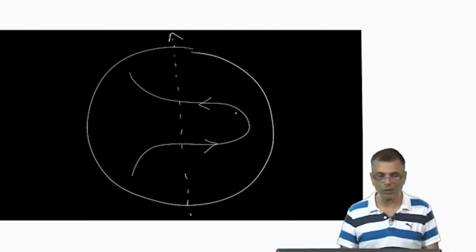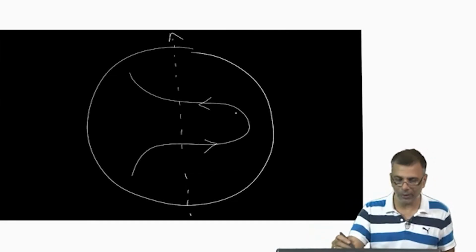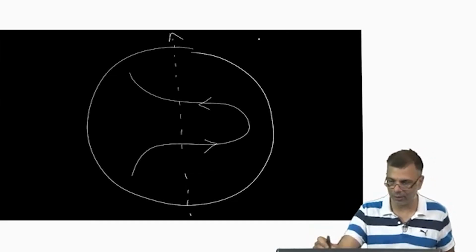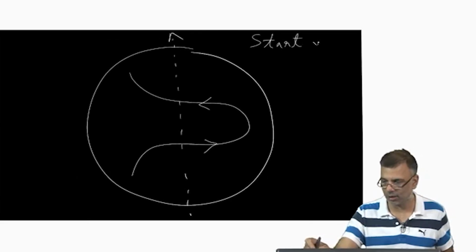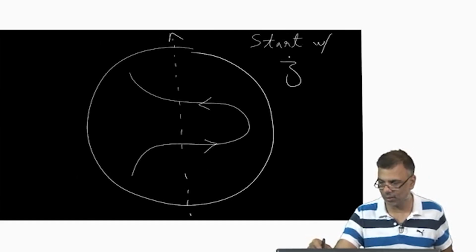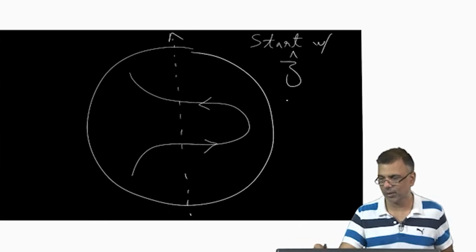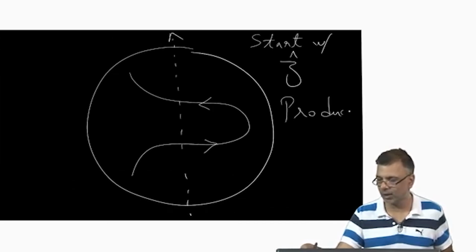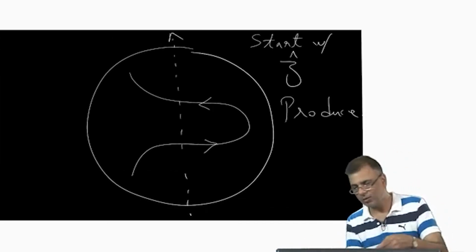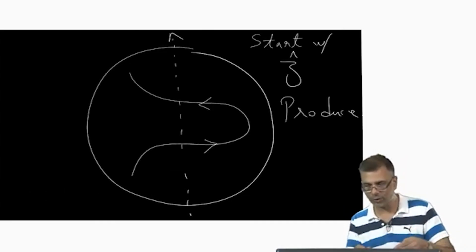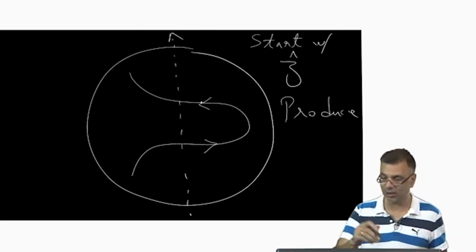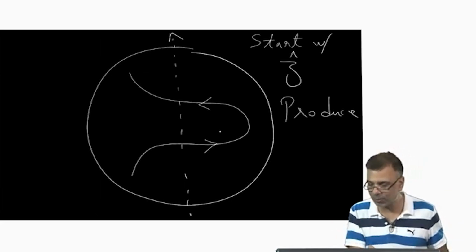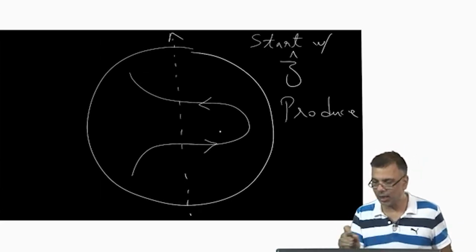So you started out with a z directed field, and from the dragging of the field, due to the fact that the field is frozen into the velocity flow which exhibits this differential rotation, you produce an azimuthal component.